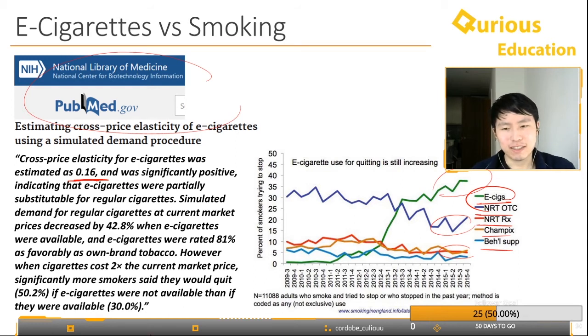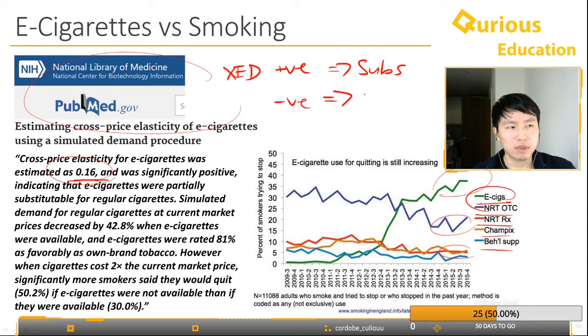So in a sense, our assumption and our hypothesis has been validated, even though the relationship isn't very strong. We'll look into what this number actually means later. But for now, let's just remember, if XED is positive, then it's going to be a substitute. And if it's negative, it's going to be a complement, or complementary goods.